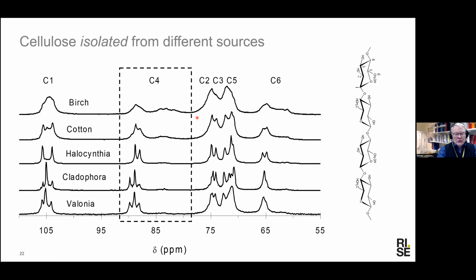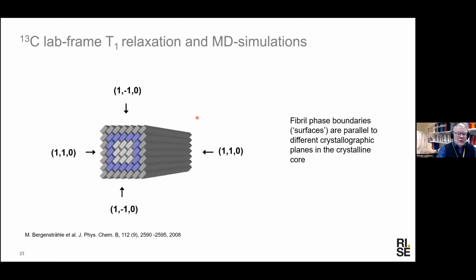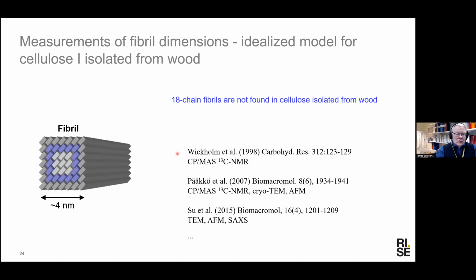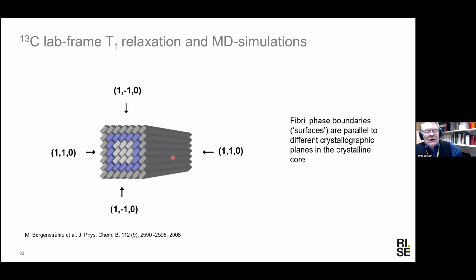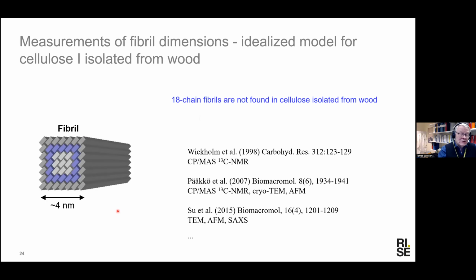So I showed you this one, and we have this region of spectra, and we have this model of a fibril, and it's of course not 2.5 or 2.3 nanometers. When you have 1, 2, 3, 4, 5, 6, 7 chains, and they're half a nanometer wide, or 0.6, you realize that this is a structure that's about 4 nanometers.